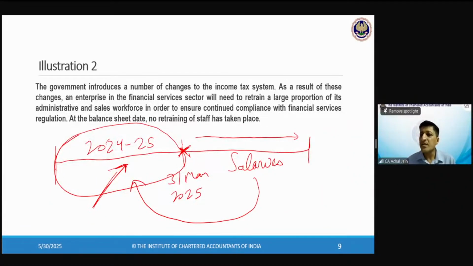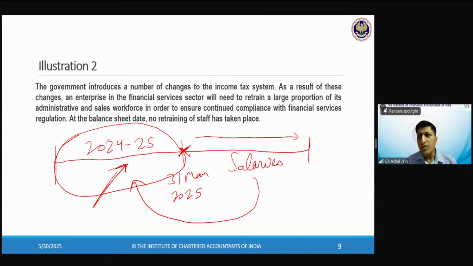Yes, sir. If in the next year we do not incur the expenditure for a few months, we do not incur till June 25, but we incur in July, so we will not make a provision in June also. So are you talking about quarterly reporting?